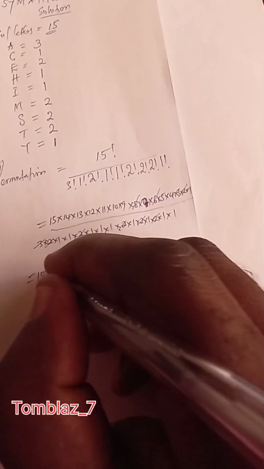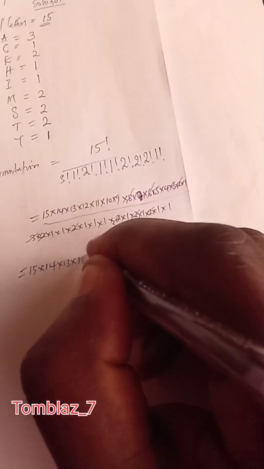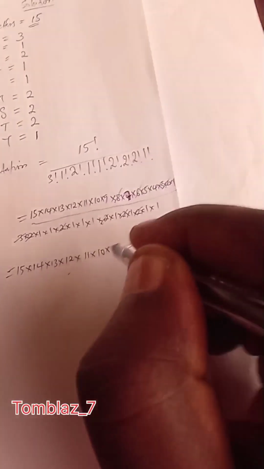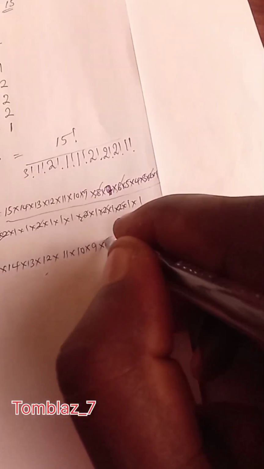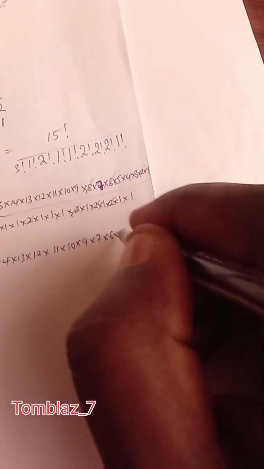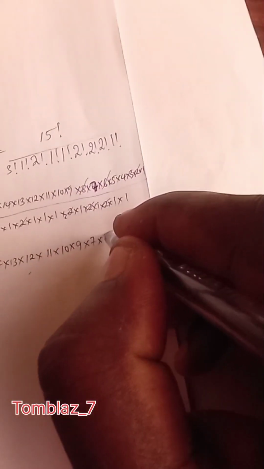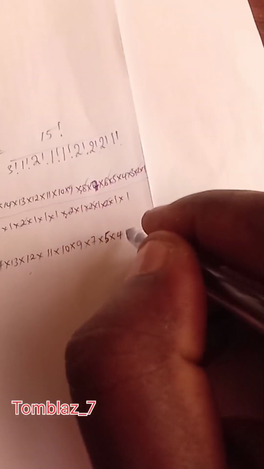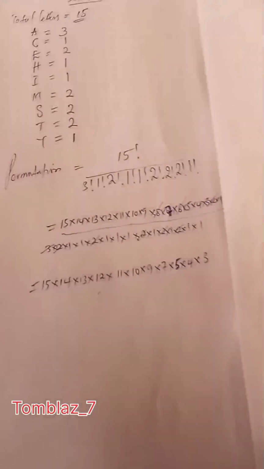So you have 15 times 14 times 13 times 12 times 11 times 10 times 9 times 7, times 6 is gone, times 5 times 4 times 3. These are the terms that will be left.